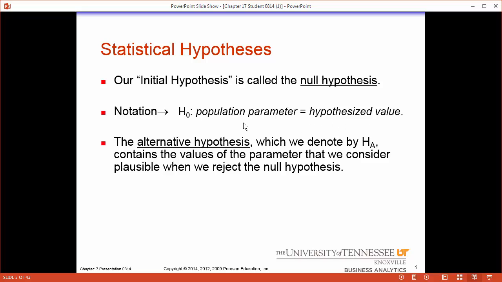Specifically speaking right here, a population parameter will be something like the true mean. We also call that the population mean, which is mu. For our examples in this chapter, we'll use the true proportion, or as we often call it, the population proportion, which is p.